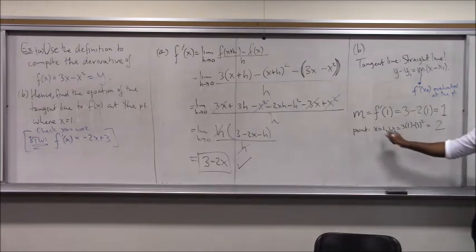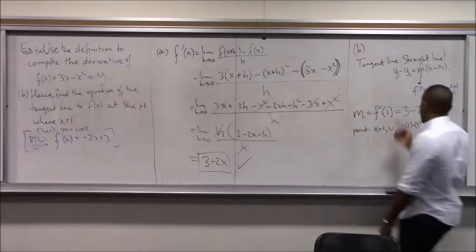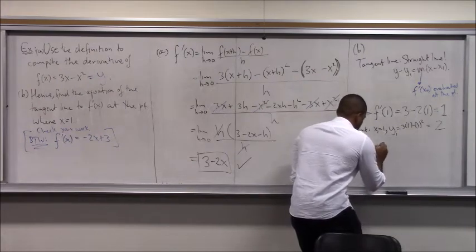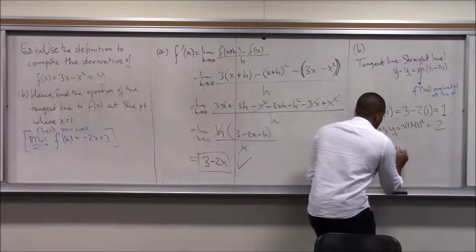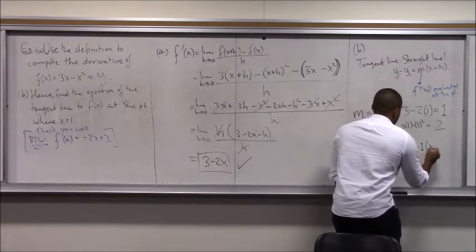So now I know my x1 is 1 and my y1 is 2. Now I just plug into that formula. The tangent line is going to be y minus 2 equals 1 times x minus 1.